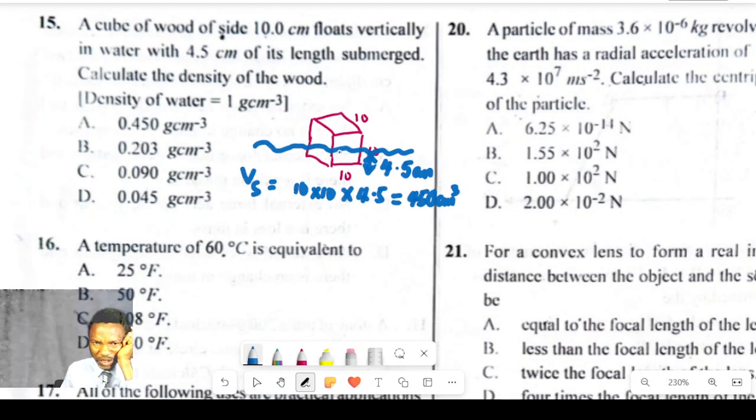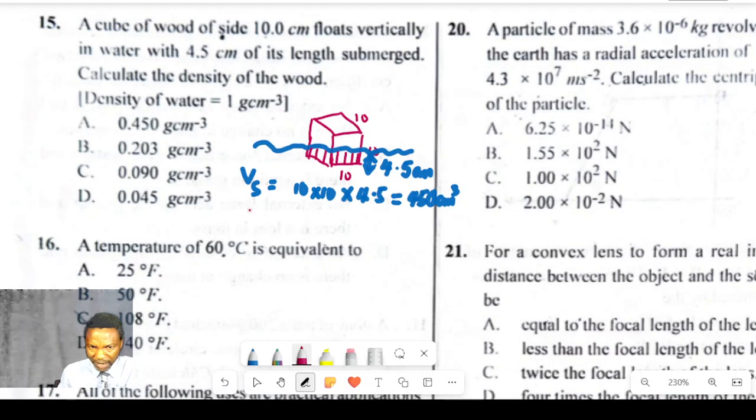The principle here is that for the part of the volume that is submerged, the weight of the water displaced will be equal to the weight of the cube.